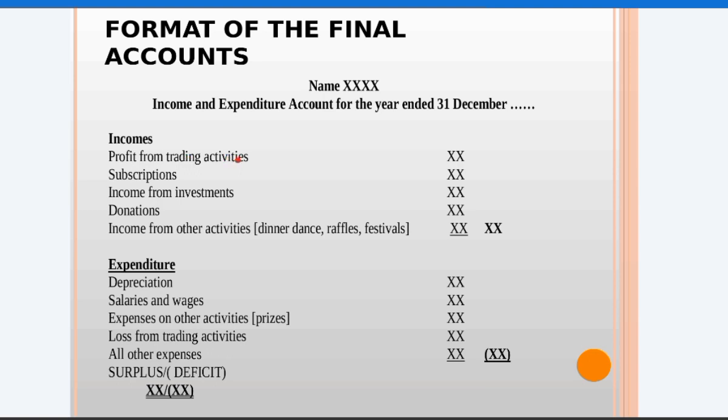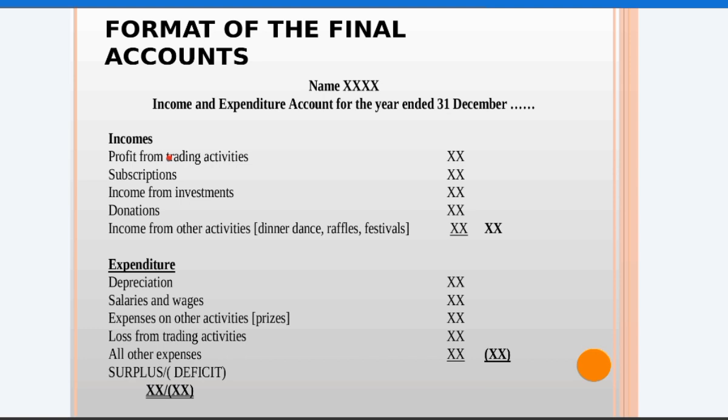Take, for instance, Red Cross. Red Cross has a business entity in the hospitality industry. It has opened hotels like Boma Inn Hotel. So Boma Inn Hotel is a business established by a non-profit making organization called Red Cross. So any profit that you get from Boma Inn will be put under this item, the profit from trading activities.